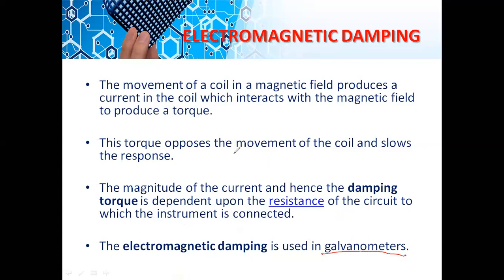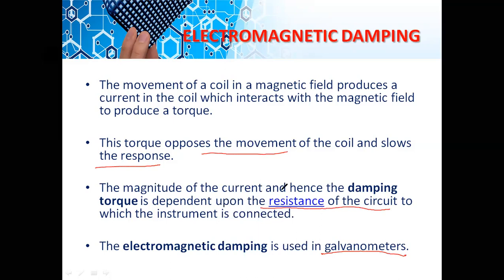The torque opposes the movement of the coil and slows the response. The magnitude of the current, hence the damping torque, is dependent upon the resistance of the circuit.